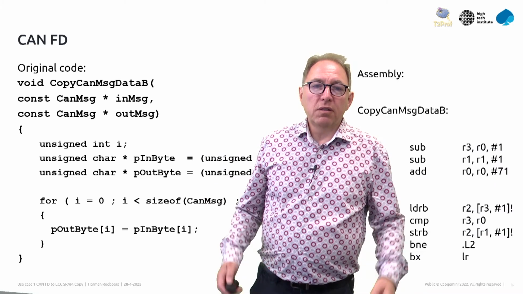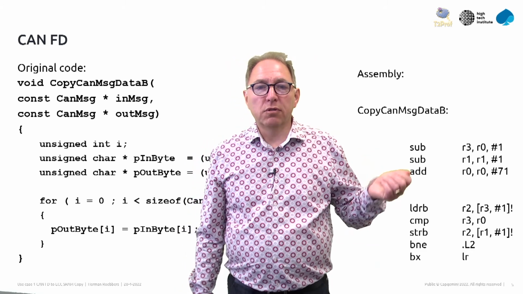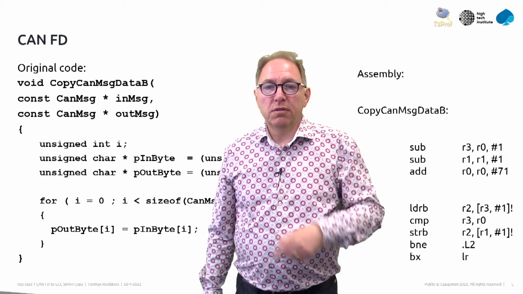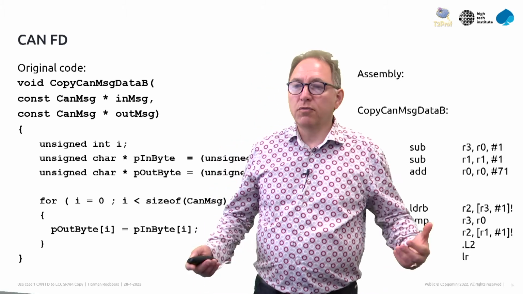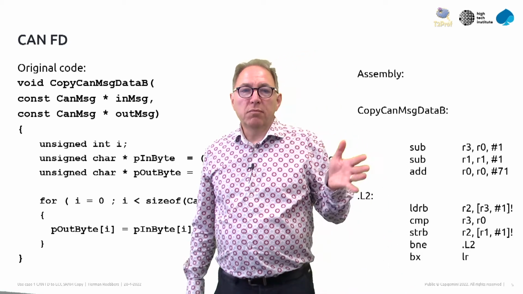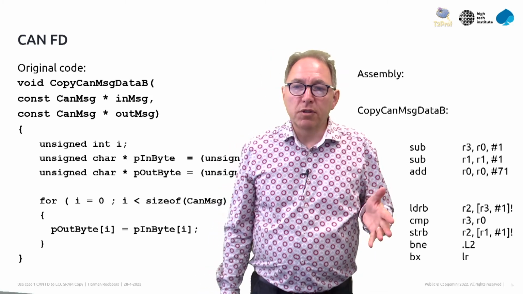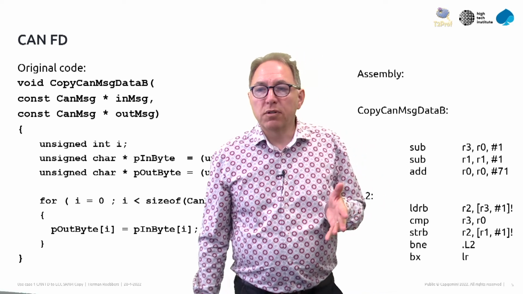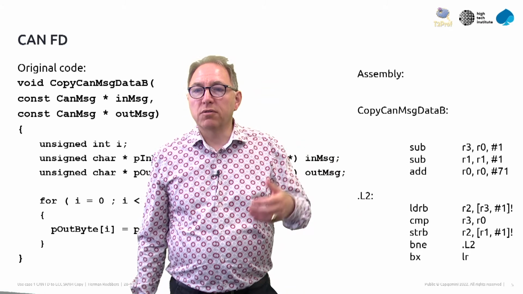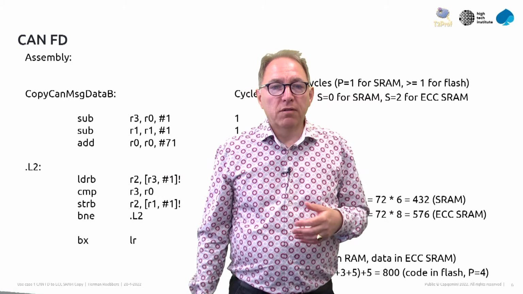Originally we have a very simple loop where we take a byte from the controller and put it in RAM, increase the pointers, and repeat until all 64 bytes have been transferred. We have a match between the C code on the left and the generated assembly code on the right, and we can do some calculations to figure out how many cycles the execution of this code actually takes.